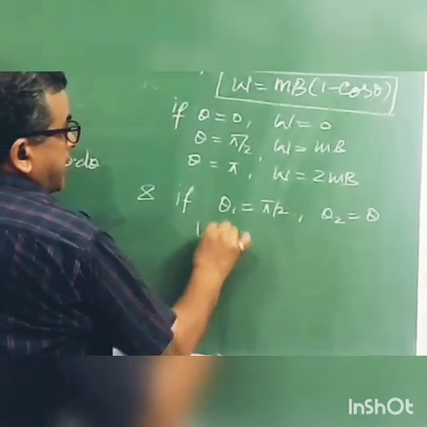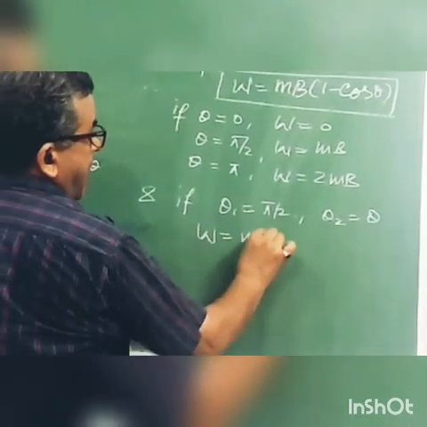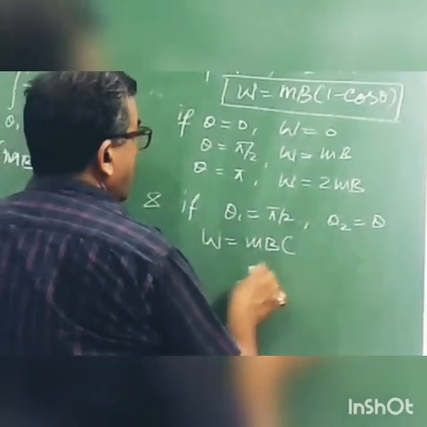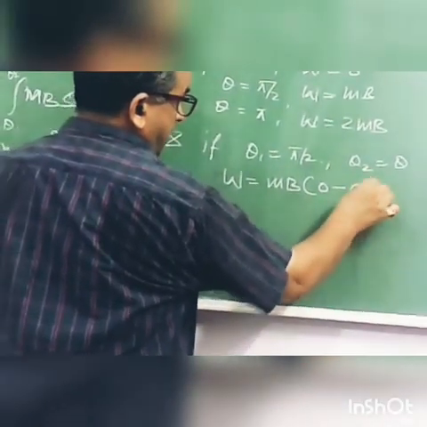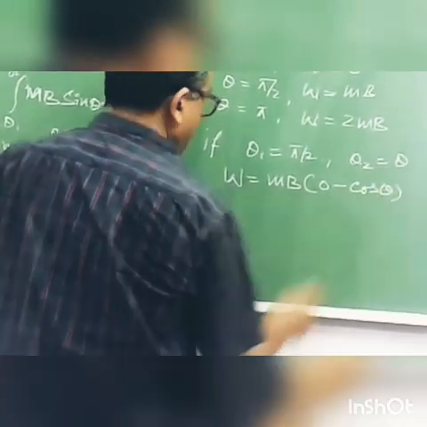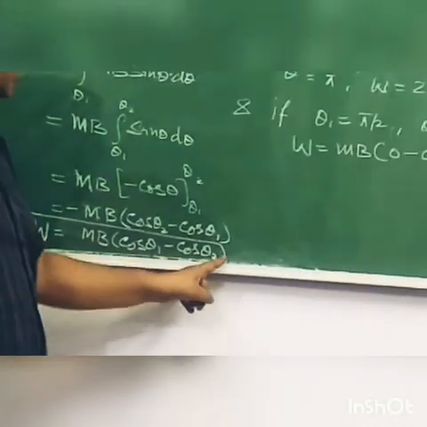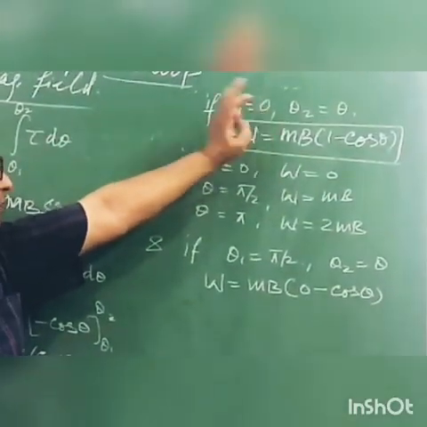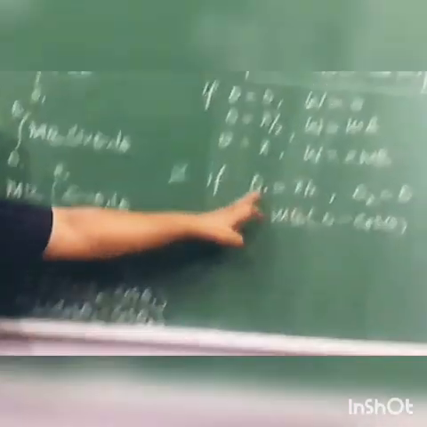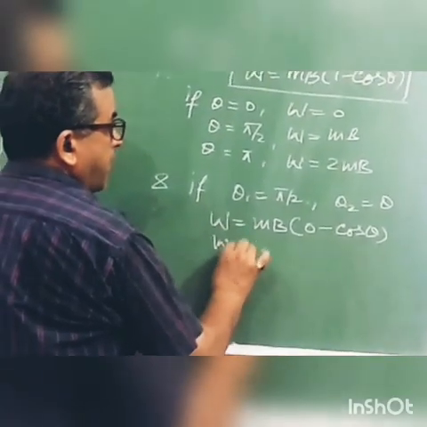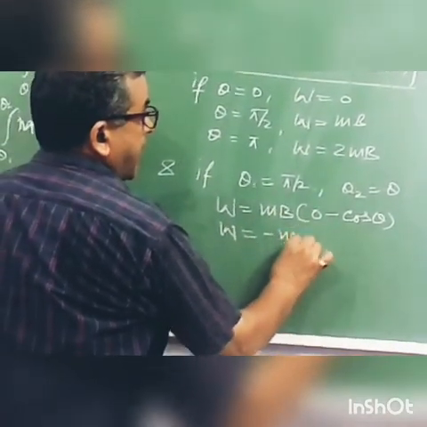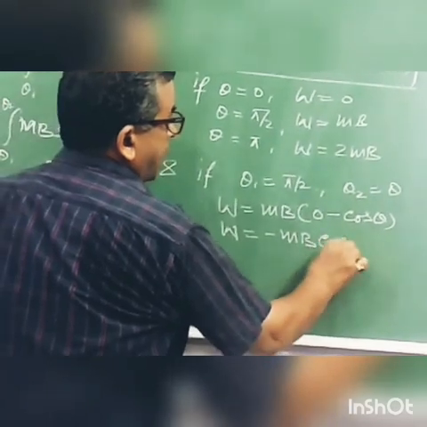So this work done is MB, cos 90 is 0, so it is 0 minus cos theta. This is the first case where theta 1 is 0; now in the second case when theta 1 is pi by 2, we can express W equals minus MB cos theta.